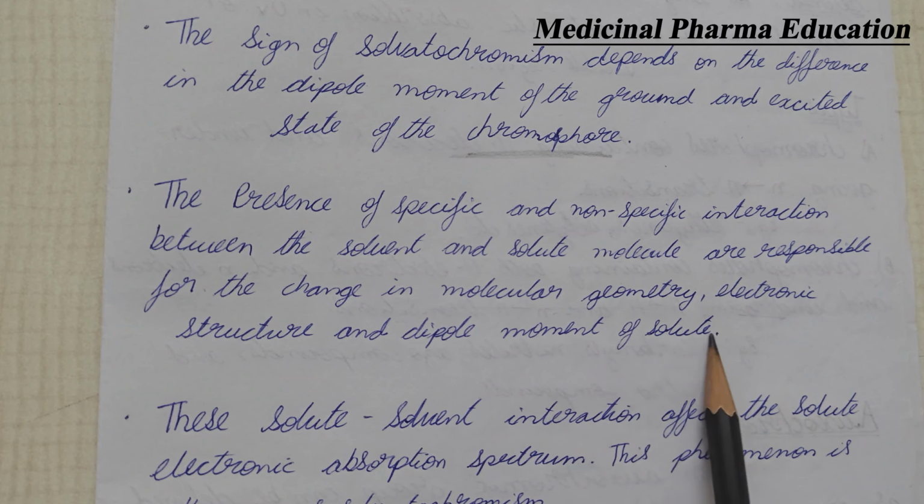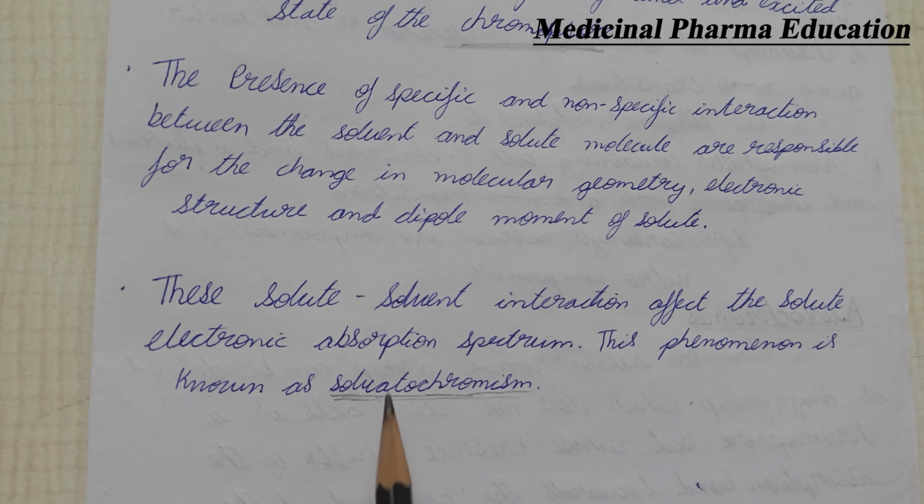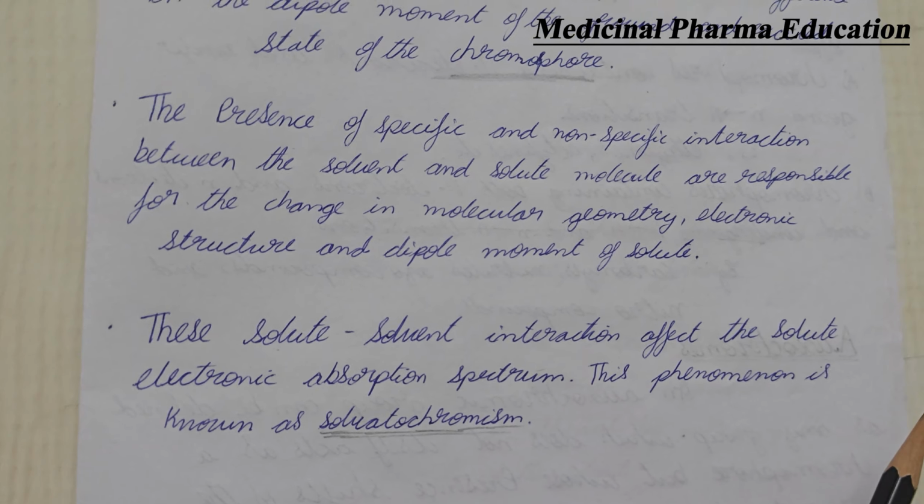Next, the solute and solvent interaction affects the solute electronic absorption spectrum. This phenomenon is known as solvatochromism. As the solute and solvent interact, there will be change in the molecular geometry, electronic structures, and dipole moment of the solute.